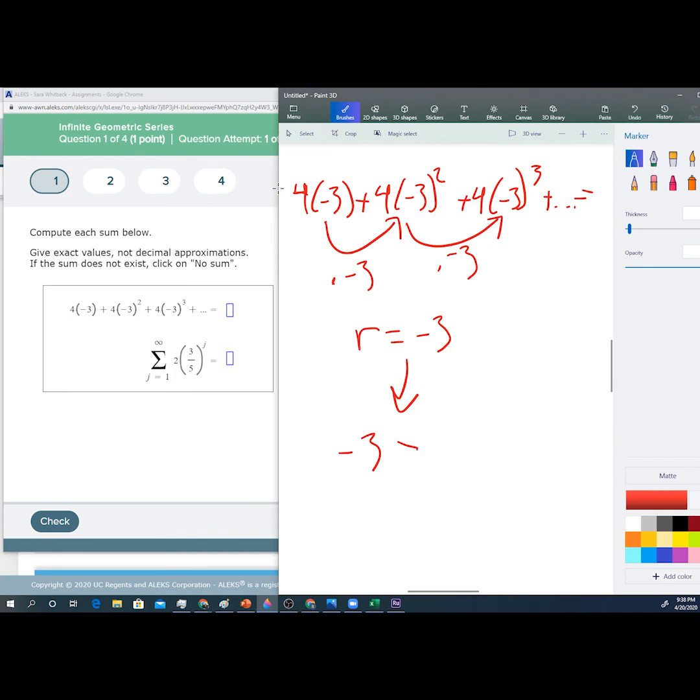Negative 3 does not fall into my rule that the absolute value of r has to be smaller than 1 to converge. The absolute value of negative 3 is 3. That means that this series will diverge.